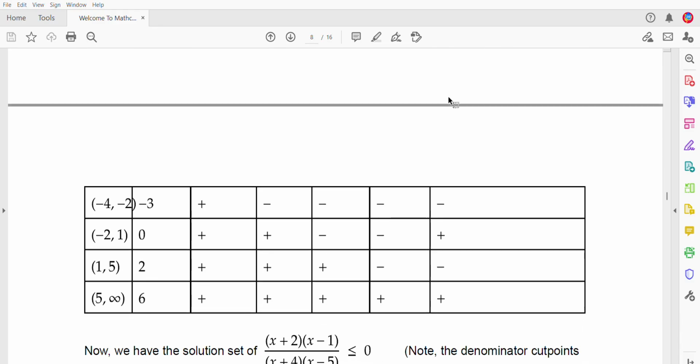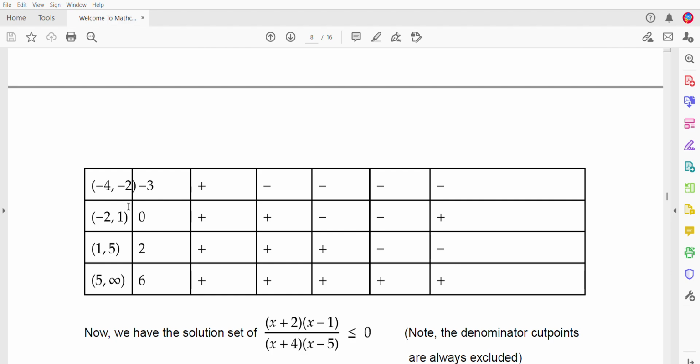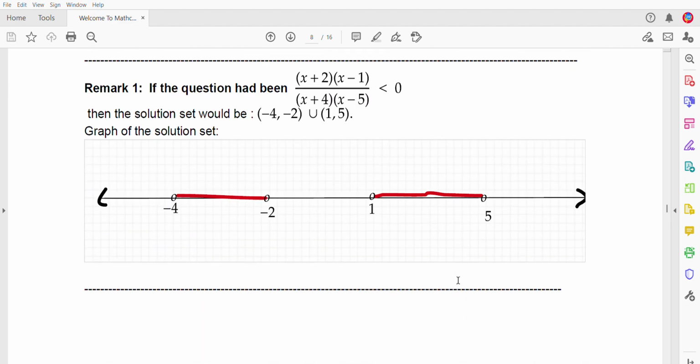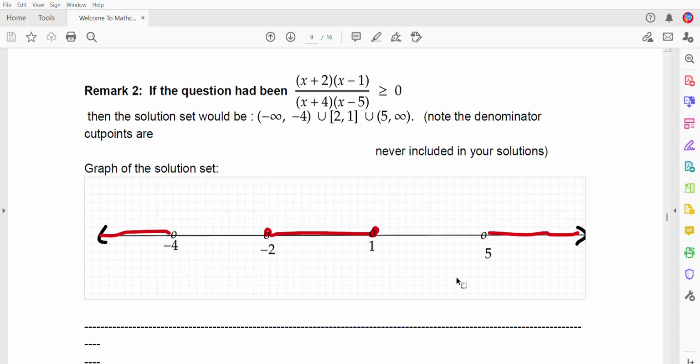Third interval is positive. Last interval is positive. So that fetches me these three intervals. Notice, because it is greater than or equal, the zeros of the numerators are included. Zeros of the denominators are never included. They are always open. Infinities are always open.